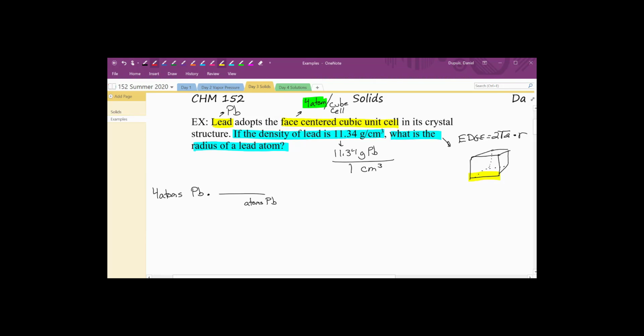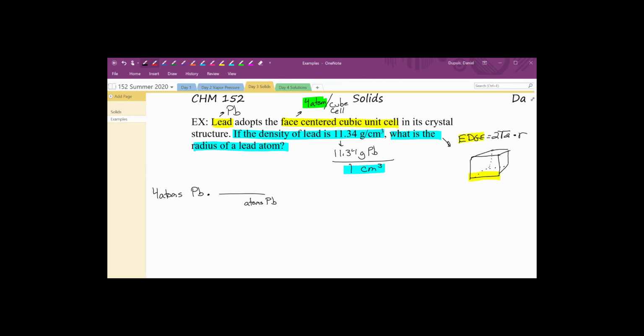I can figure out the radius, because I know the edge length, because 2 times square root of 2 is a number. So I have a volume here, and I have mass of lead. Can I get the weight of the 4 atoms of lead? Is there a way to do that?